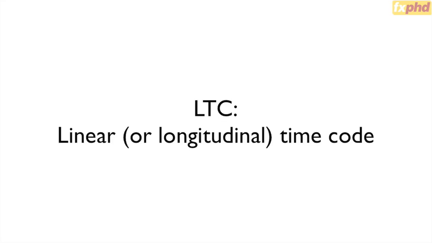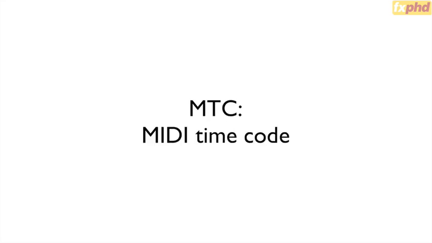This is SMPTE timecode data encoded as an audio signal. Normally that would be recorded on one channel of a videotape, for example, and that's called striping. Another way to encode SMPTE timecode is to use MIDI timecode, abbreviated MTC. MIDI timecode works by transmitting the timecode information in MIDI messages.